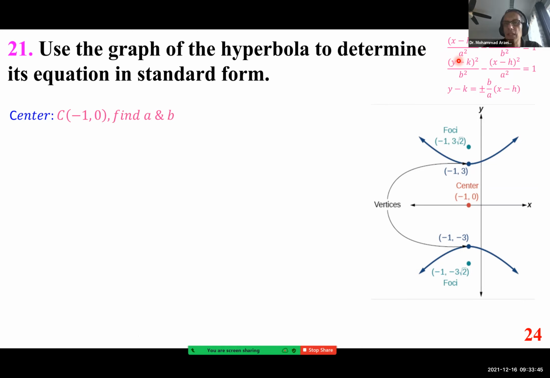And we notice that it opens up and down. So you need this distance. And that is the value of B, by the way. So let's calculate this distance.